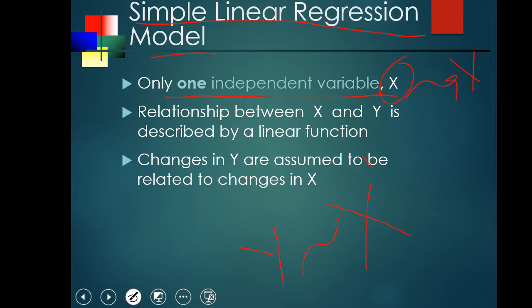If x has a power 2, then it is no longer linear, it will be a 2-degree polynomial, a quadratic one. So the relationship between x and y is described by a linear function in a linear regression model. Changes in y are assumed to be related to changes in x. So if x changes, then y will change.